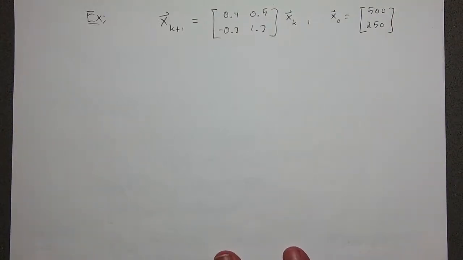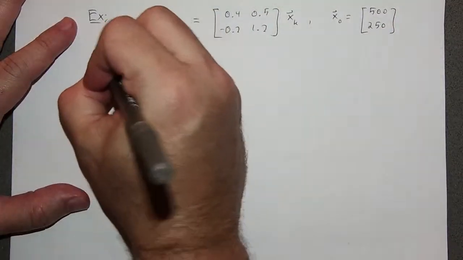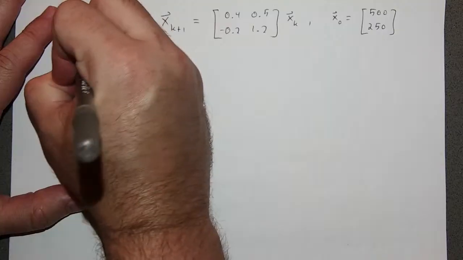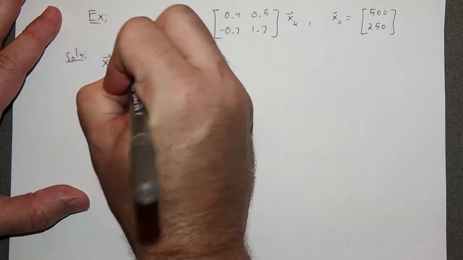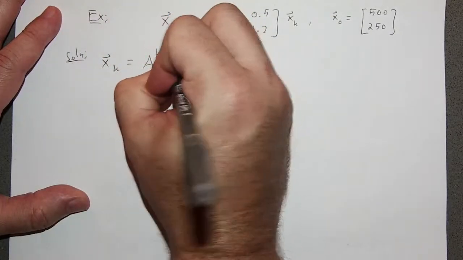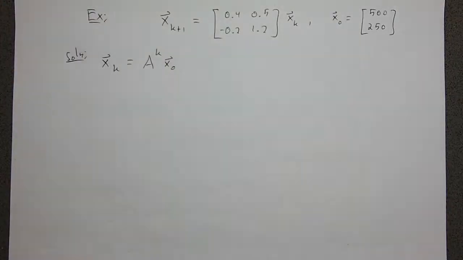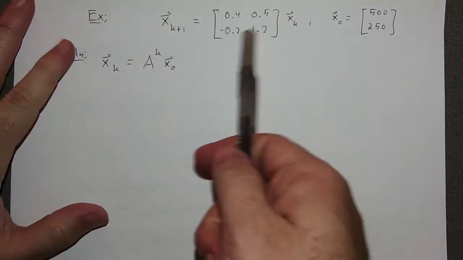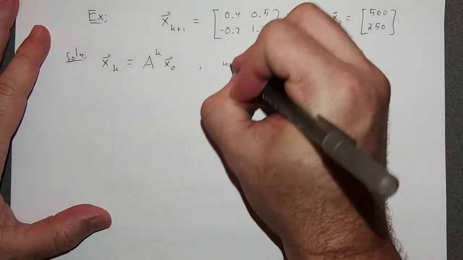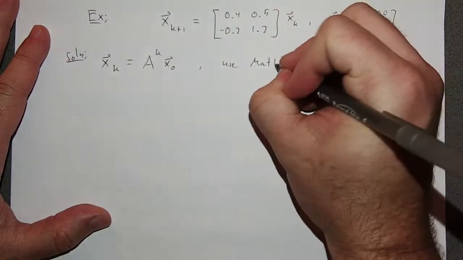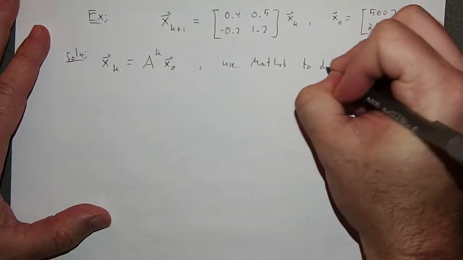Okay, so we know what the solution is. Our solution is just directly A to the k times that initial vector. So let's diagonalize this A. Use MATLAB to diagonalize A.